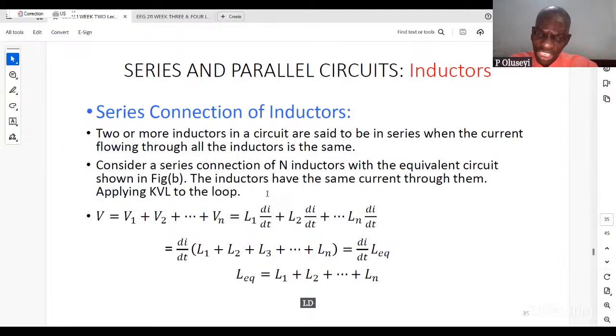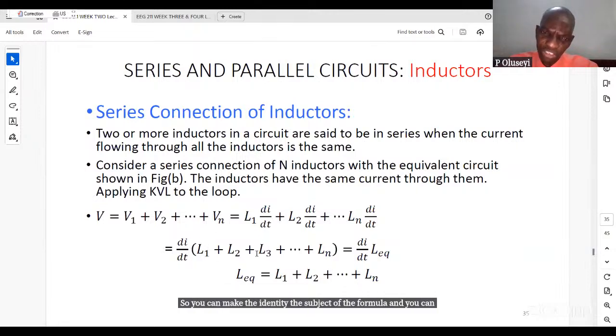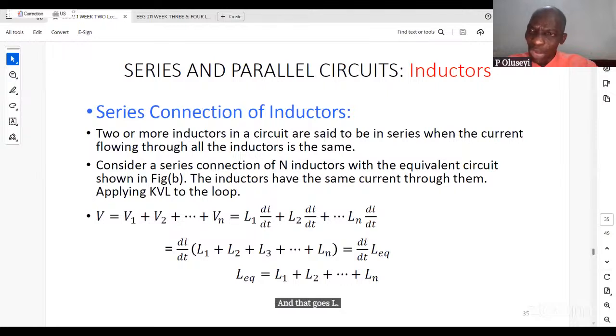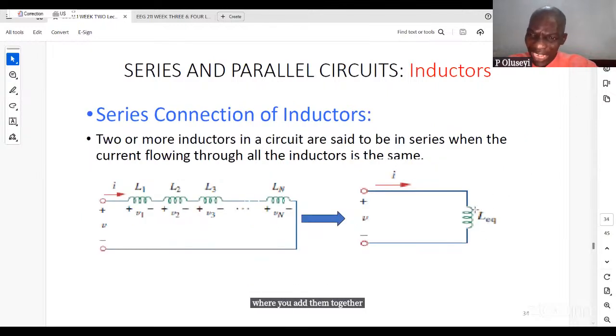That's the essence of bringing all this L di/dt into the narrative. And the di/dt is the same for all of them. So you can make di/dt the subject of the formula, and you have L1 plus L2 plus L3 up to Ln. And those L's, when you add them together, give you L equivalent here. Remember?